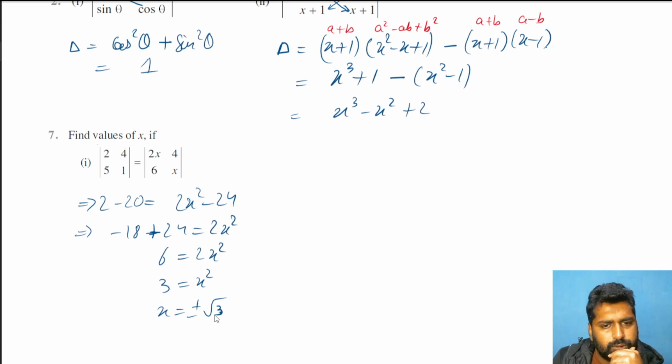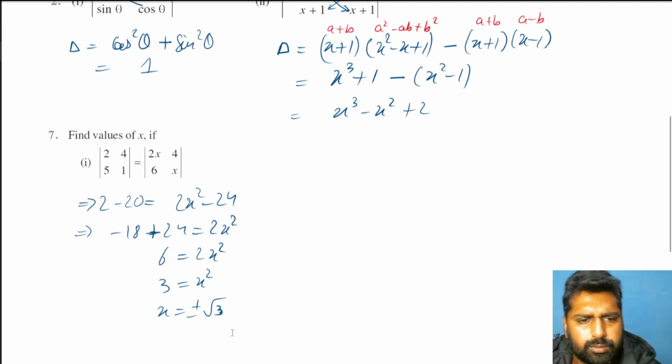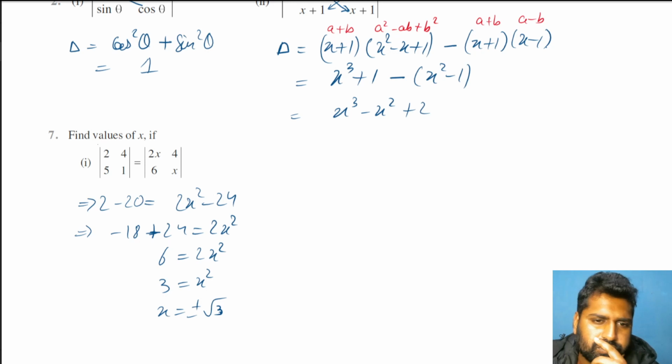The answer is coming in square root, but that is okay. Root 3, 6 minus 24 minus 18, that is also coming. So verified also.